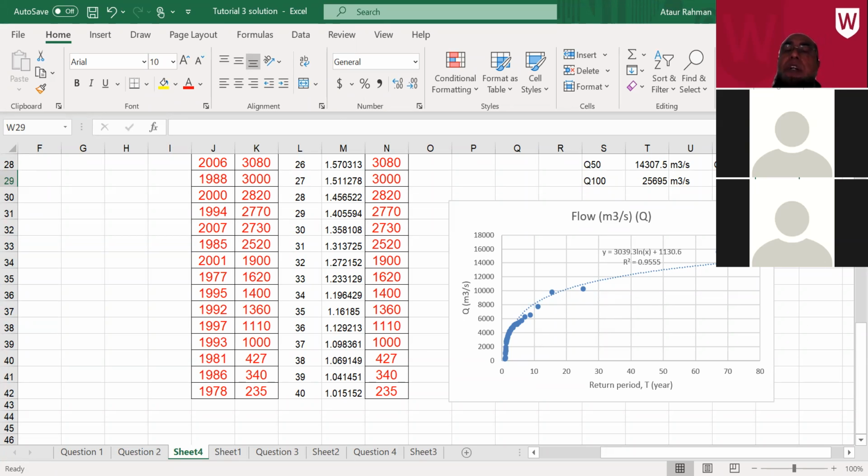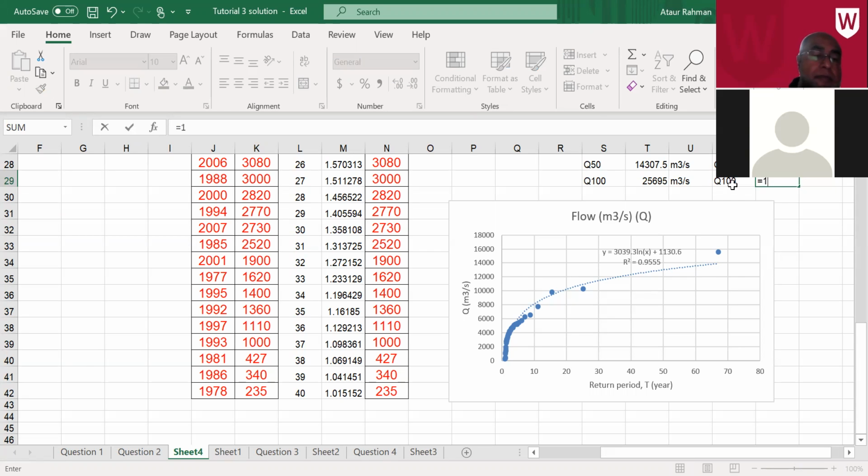So we are getting 13,020 meter cube per second for Q50. And Q100 is 1130.6 plus 3039.3 times ln of the 100-year return period.